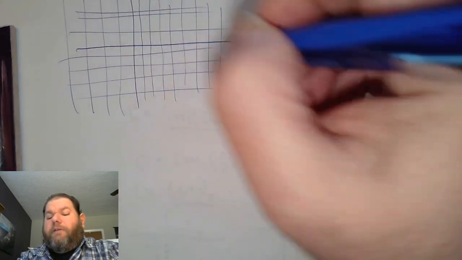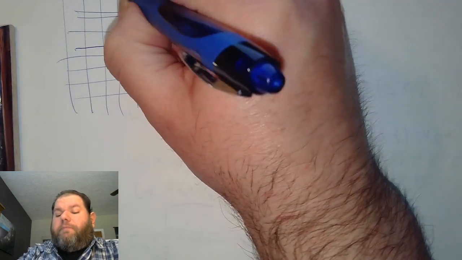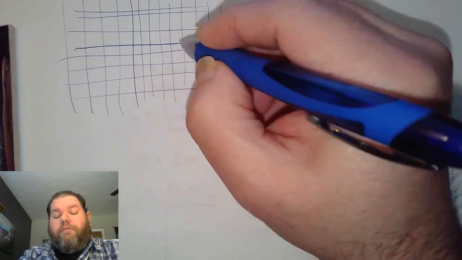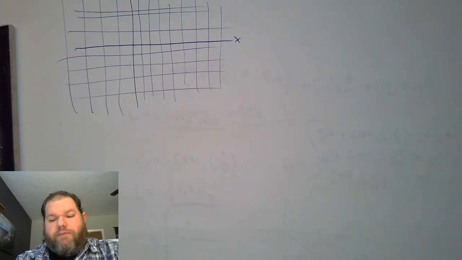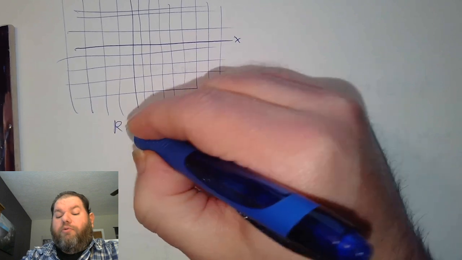It's not the greatest plane I've ever made, but we count over and up, or left, up, and down, right, whatever, and you get the location of our point that way.